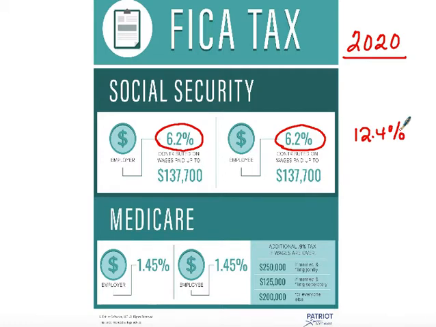But for most people who are employed by another person or another company, you're only obligated to pay 6.2%. And that's up to $137,700. Now, you're going to see a different number in a few minutes that's used by your textbook, but in 2020, that cap is $137,700.